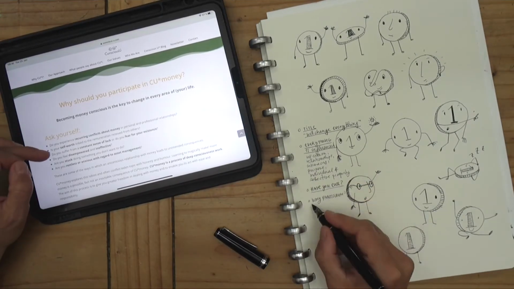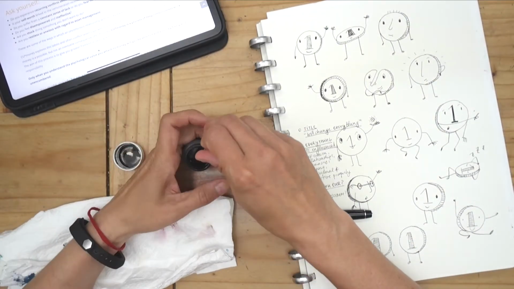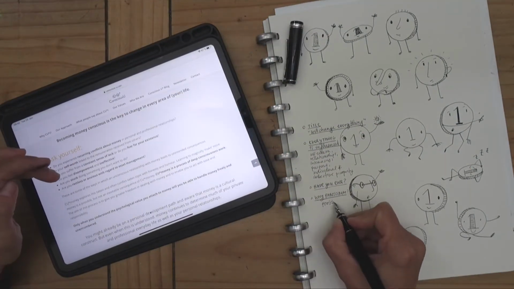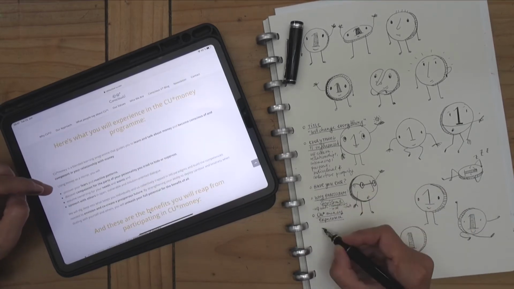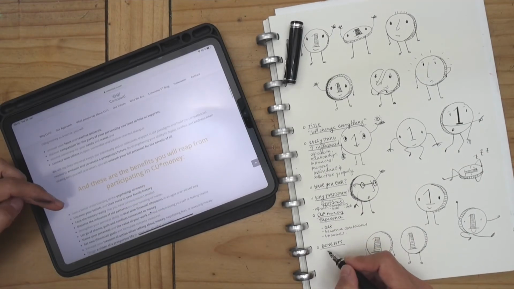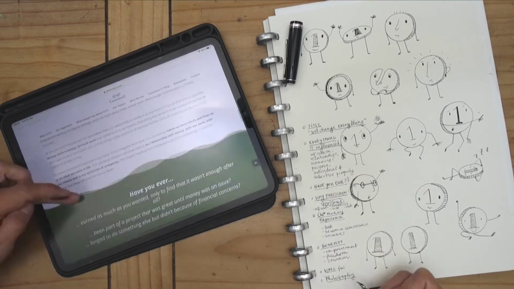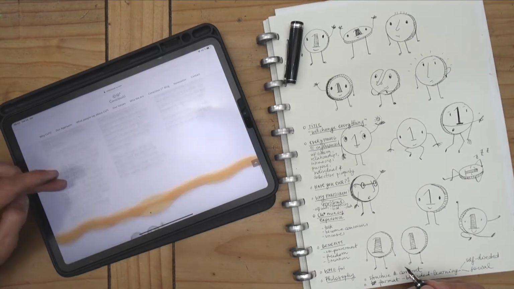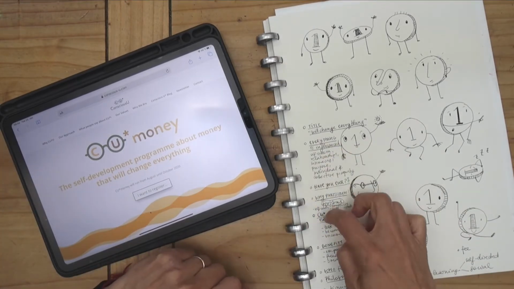So what I'm doing there is I'm going through the different sections of the webpage and writing down a sort of to-do list of illustrations of the See You Money people that I want to make, and that is after I was kind of happy with the gradients and the look and feel of the first one that I created. So now I'm just working that list and going through them. I think I'm going to speed up a little bit so you can just see how I'm creating the different illustrations that I put on that list here.